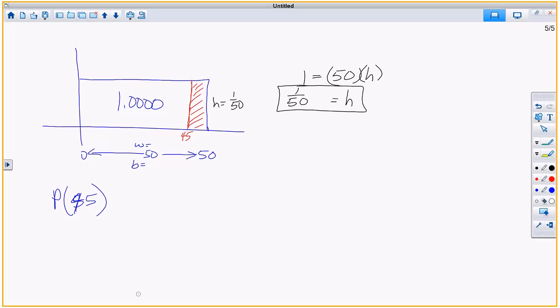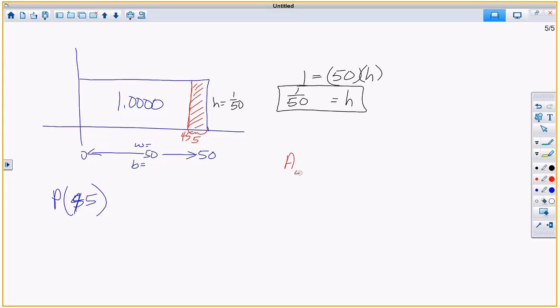So now what are you going to do? Well, what's the width of this box? Multiply it times the height. So you have your new area.